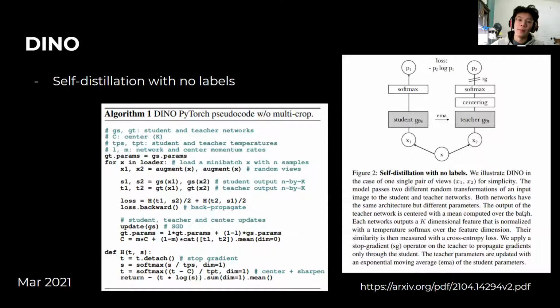Dino itself is just a way of training it, but in this paper, of course, they used vision transformers to train with the Dino method. And Dino stands for self-distillation with no labels. Di comes from here, and no comes from here. So distillation without labels.